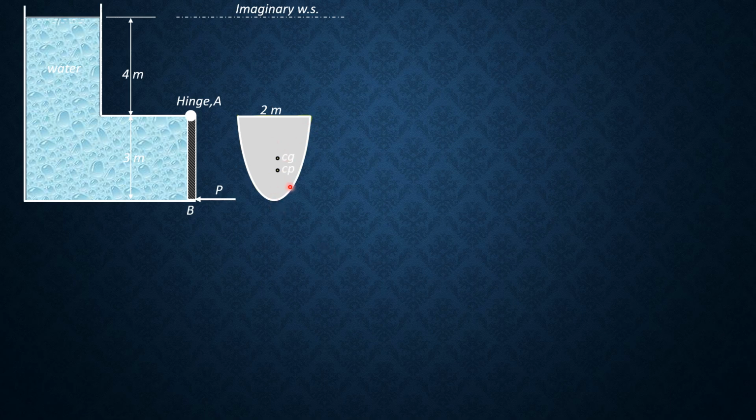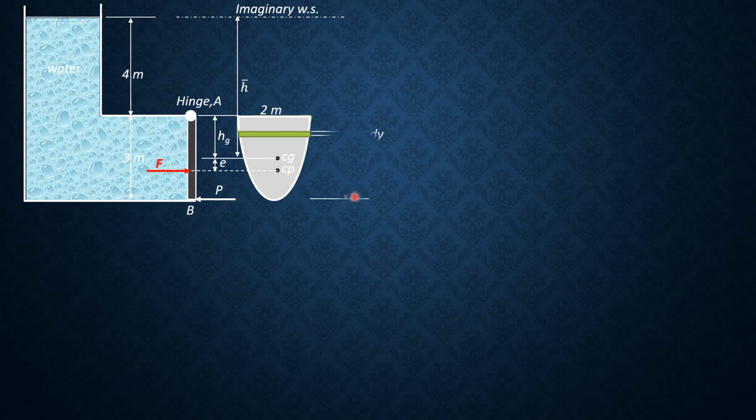So that's CG, and this is CP. At CP acts F, and at CG, location of CG is again 2/5 of 3. HG is 2/5 of 3. And that's barred H, which is equal to 4 plus 2/5 of 3. So 5.2. HG is 1.2.